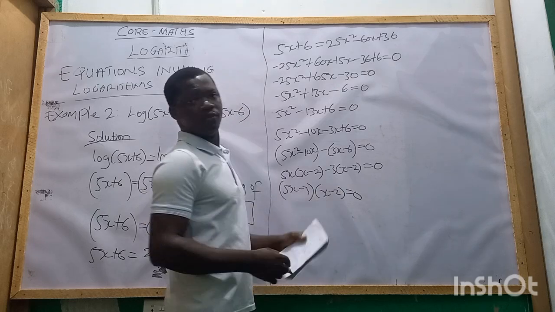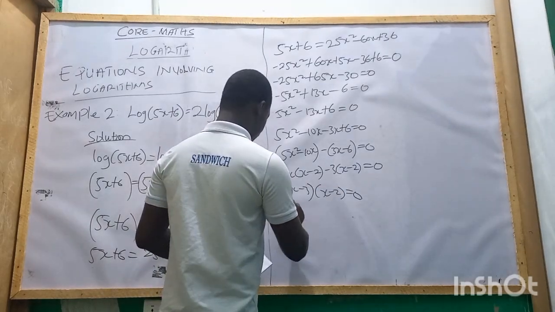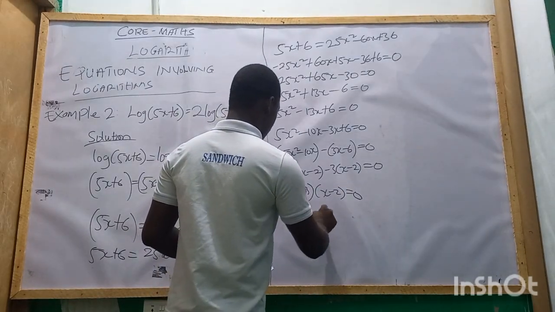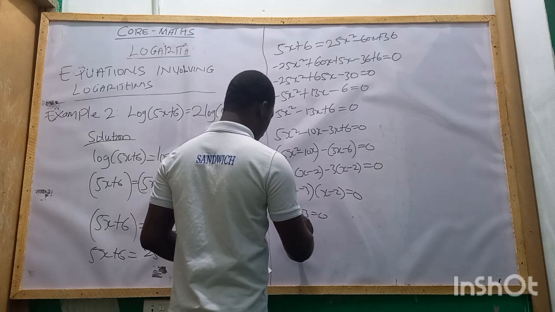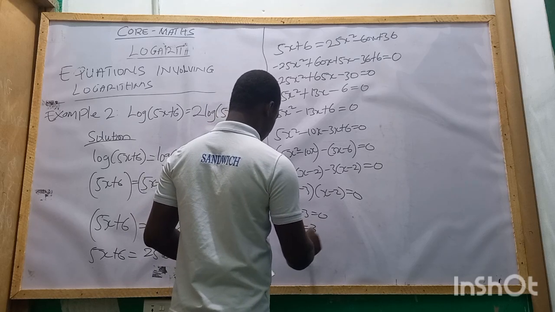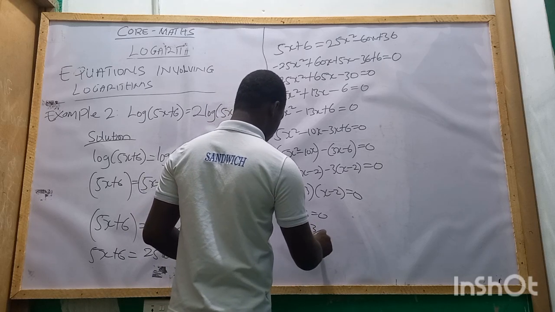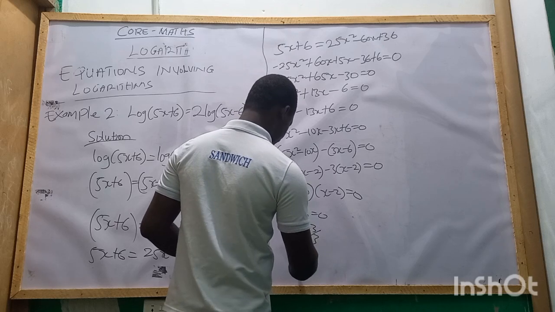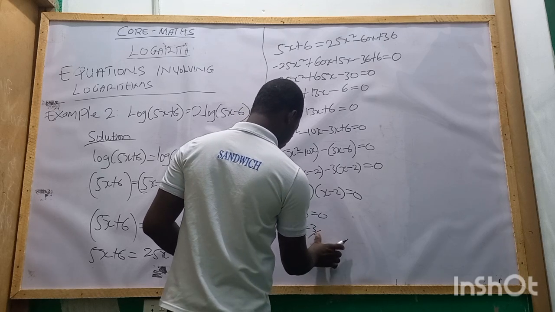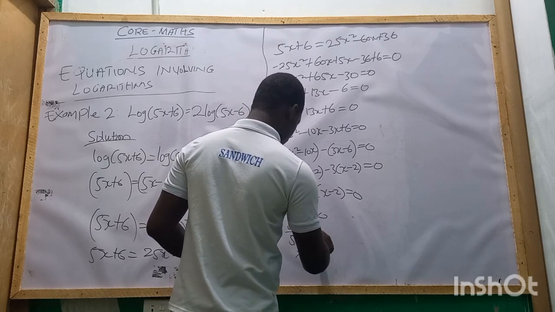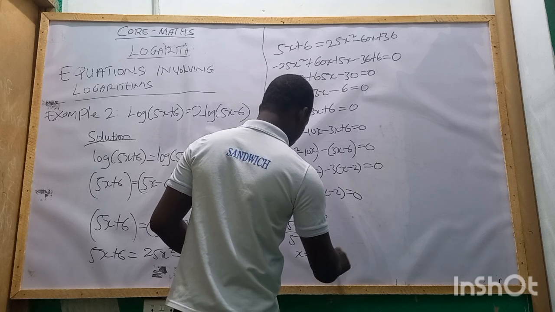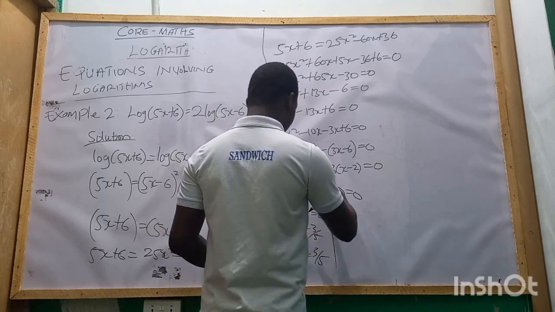I'll equate each of them to 0. Then I'll pick this one too.